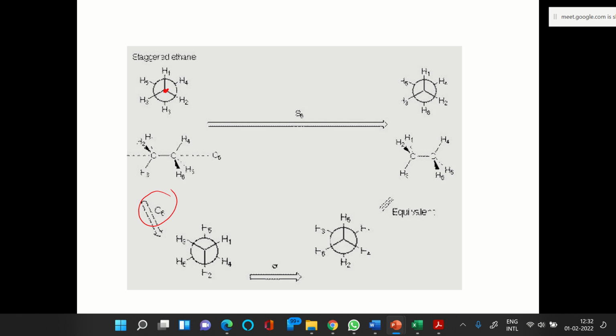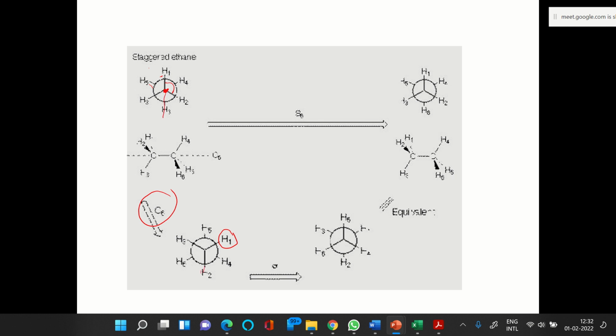H1, yeah, so H1 will come in place of... remember this angle is 120, and so 60 degree rotation means H1 will be somewhere. If it is a clockwise rotation, what will happen? Clockwise rotation will be like this. Viewing from the top, if you rotate clockwise, what will happen? H1 will come here, okay, on 60 degree rotation. This whole angle is 120, so half means it will come somewhere here. So see, in the next structure we draw, H1 has come here. Similarly H2 will come somewhere here.